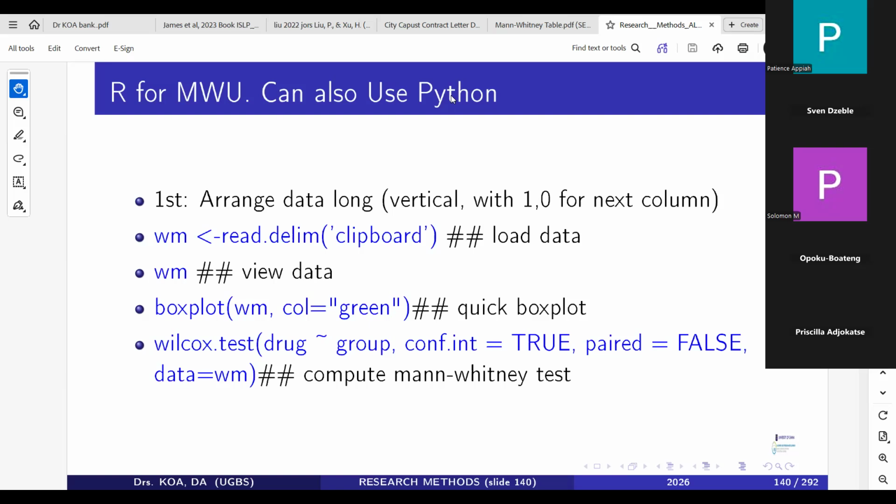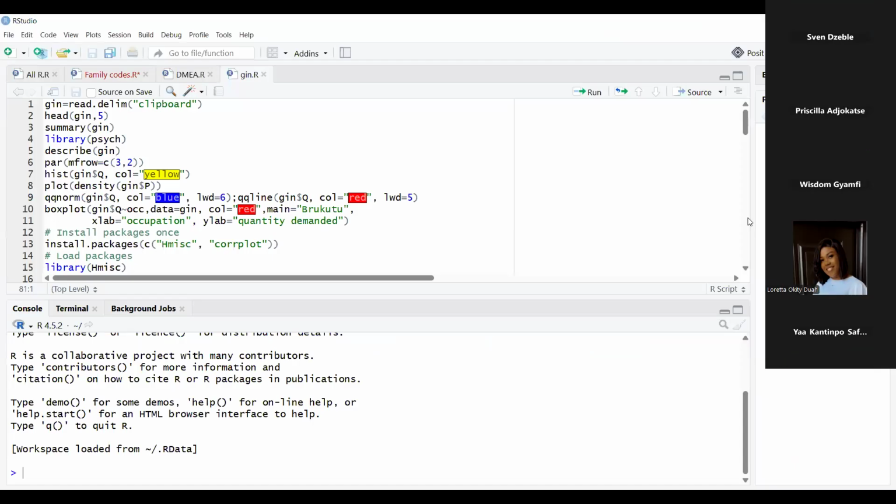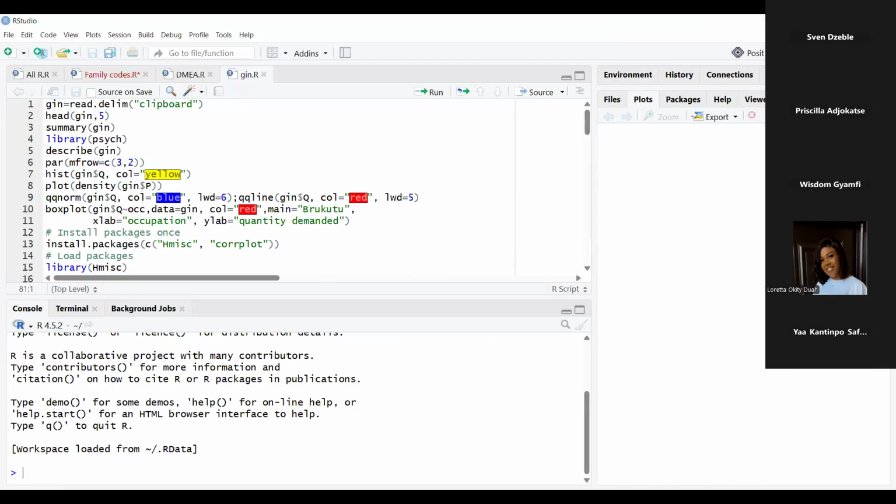So if you have it, let's rock and roll. Show me your hand if you have it. And open it, because I'm also opening mine. Mine is something like this. This is the first time you are opening your R, so I'm going to demonstrate.